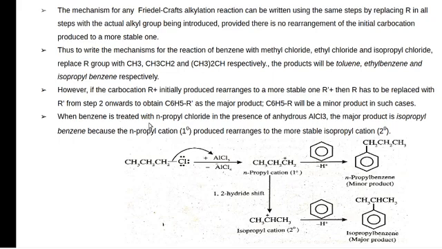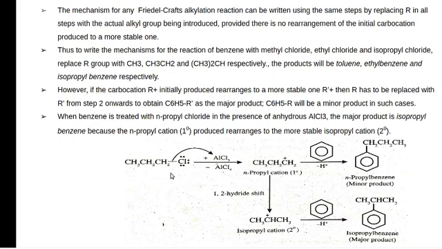When benzene is treated with n-propyl chloride in the presence of anhydrous aluminum chloride, the major product is isopropyl benzene, because the n-propyl cation produced rearranges to the more stable isopropyl cation. Here is an example for the rearrangement of a carbocation to a more stable carbocation and the final substitution product.